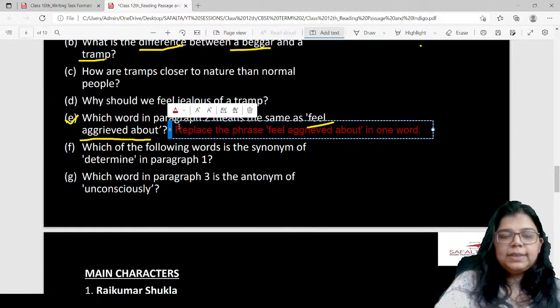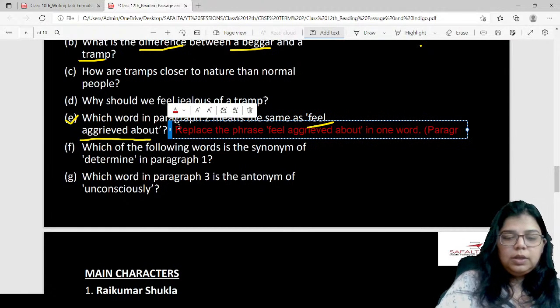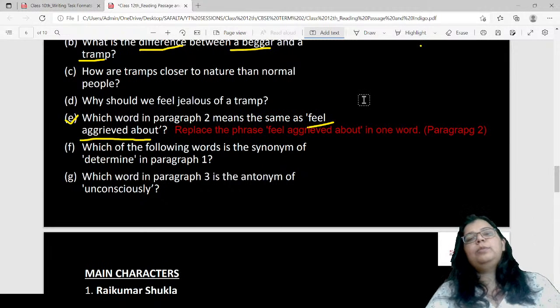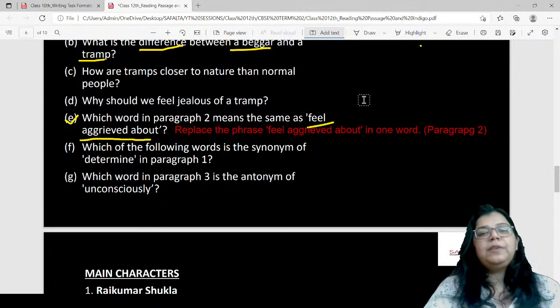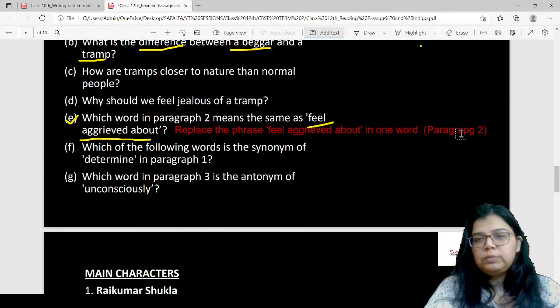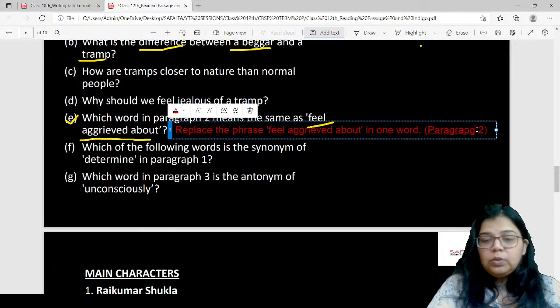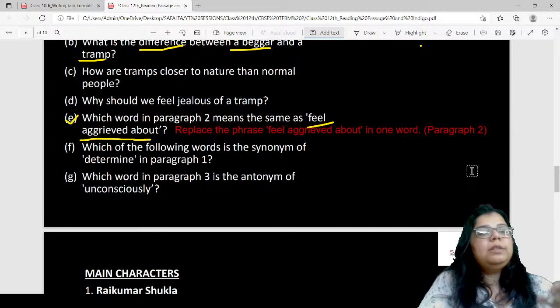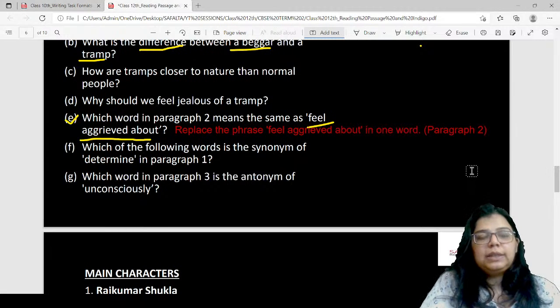And you might get something like this: paragraph 2. So this is how it can be reframed also. Replace the phrase feel aggrieved about in one word, and in the bracket it will be written paragraph 2. I've written it wrong. I don't know why I make so many typing errors. Yeah. Paragraph 2. Which word in paragraph 2 means the same as feel aggrieved about?